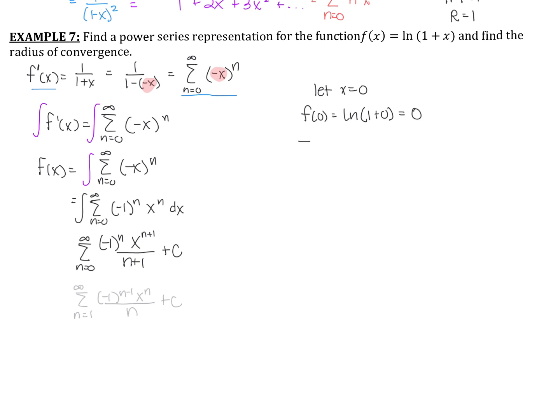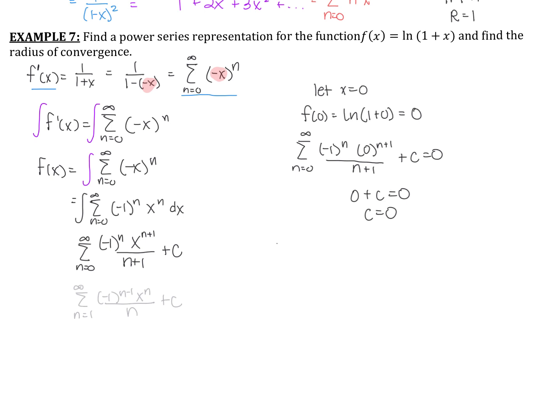What that would say is that I'm going to take the series from n equals 0 to infinity of negative 1 to the n, 0 to the n plus 1 over n plus 1 plus c, and this whole expression needs to be 0. Okay, well, what does that mean? It means that I really have 0 plus c needs to be 0, which means in this case c is 0. Not very exciting, but if we know what c is, I can write my power series.